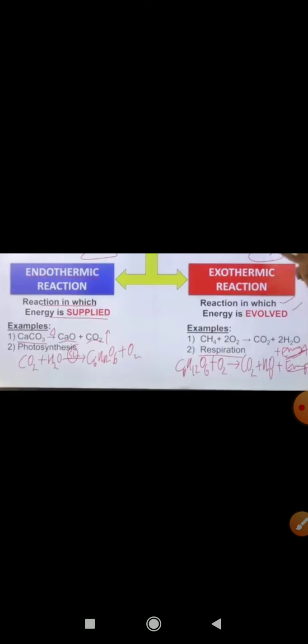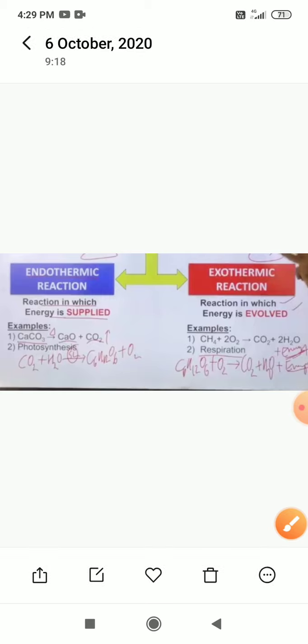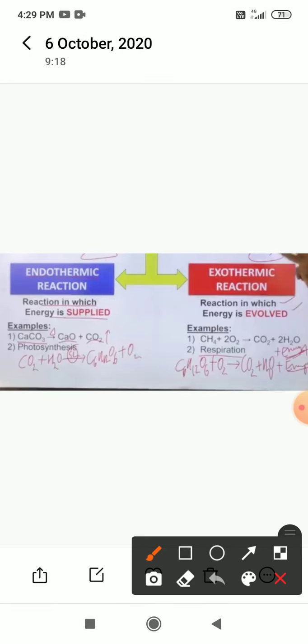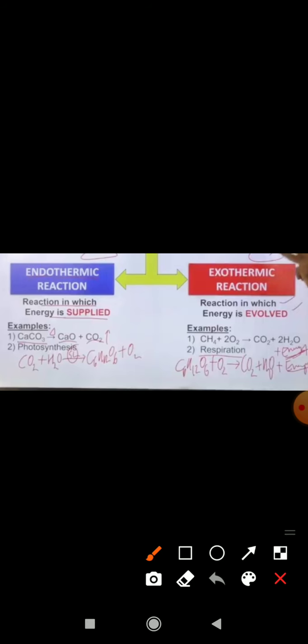Let's go through them in brief. First, endothermic reaction. What is it? A reaction in which energy is supplied, meaning energy is supplied inside, is known as an endothermic reaction. For example, CaCO3: when heat is supplied, CaO plus CO2 is formed.